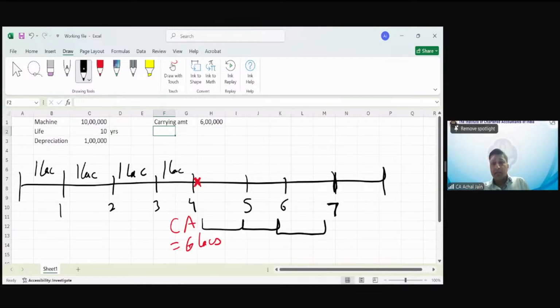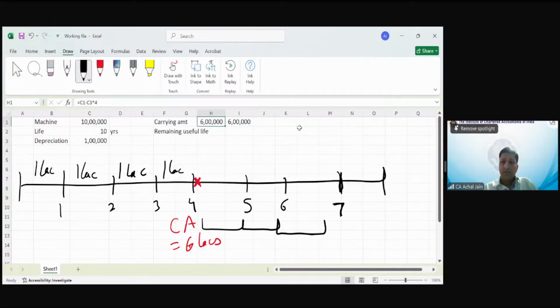After 4 years, what is the remaining useful life of this machine post reassessment? 3 years.